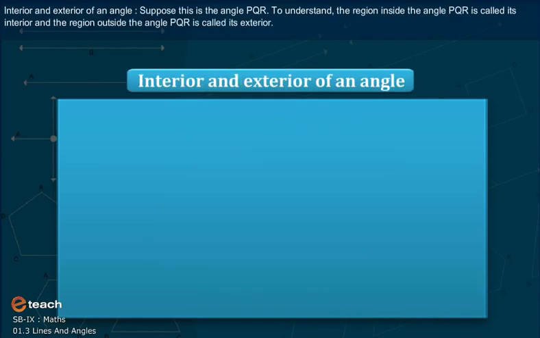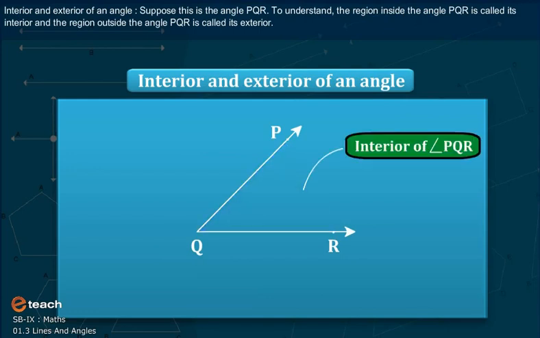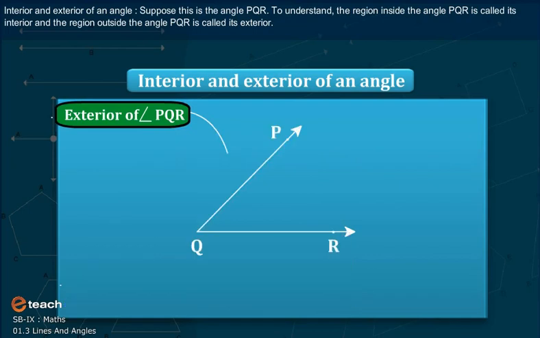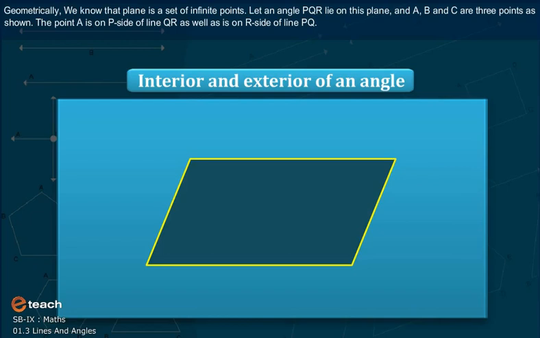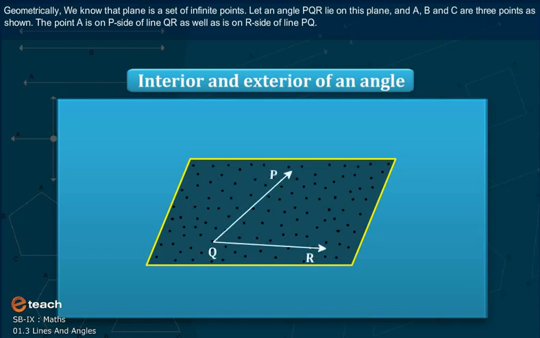Interior and exterior of an angle. Suppose this is the angle PQR. The region inside the angle PQR is called its interior and the region outside the angle PQR is called the exterior. Geometrically, we know that a plane is a set of infinite points. Let an angle PQR lie on this plane and A, B and C are 3 points as shown.